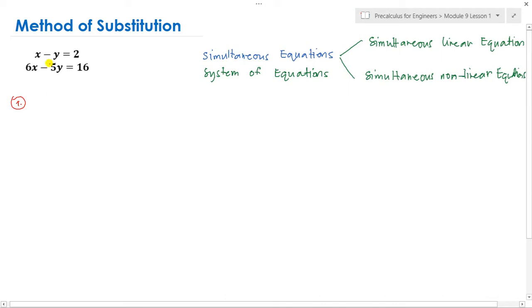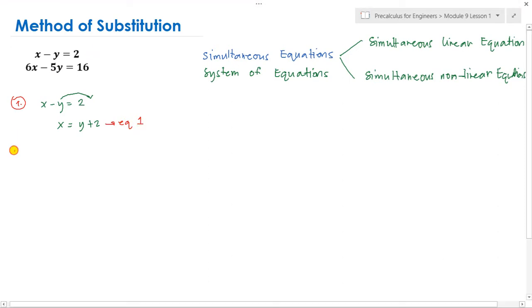Here the one that looks less complicated is the first equation, x minus y is equal to 2. So I'm going to choose this one. I'm going to solve one of the variables in terms of the other. Let's say I'm going to choose x. In choosing x, I'm going to transpose this on the other side in order to make this x equals y plus 2. So this would serve as my equation 1.